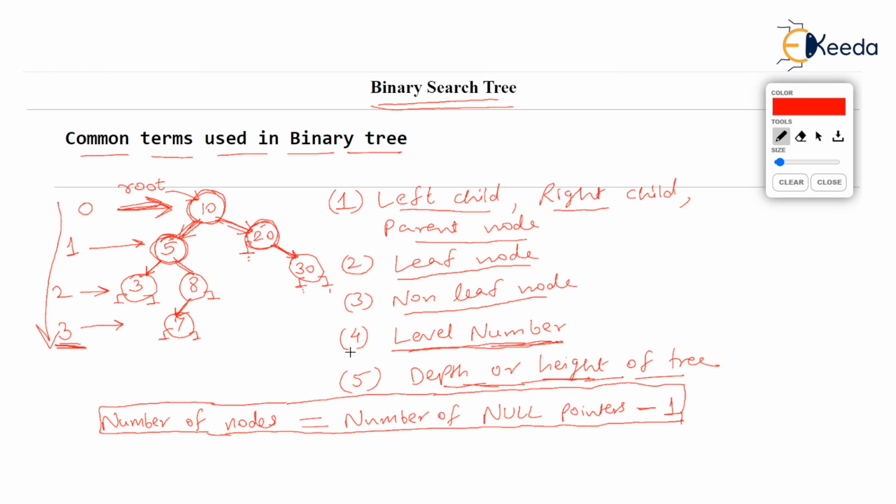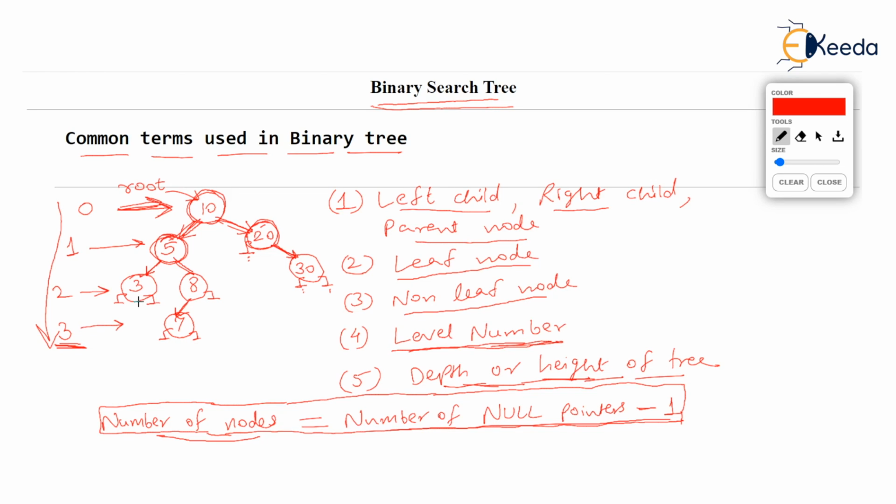Now, one very interesting equation that we have is that the number of nodes in any tree is always equal to the number of null pointers minus 1. Observe, this is always true. Just count the number of null pointers. I am hovering the mouse on the null pointers. 1, 2, 3, this is the third null, 4, 5, 6, 7, 8, isn't it?